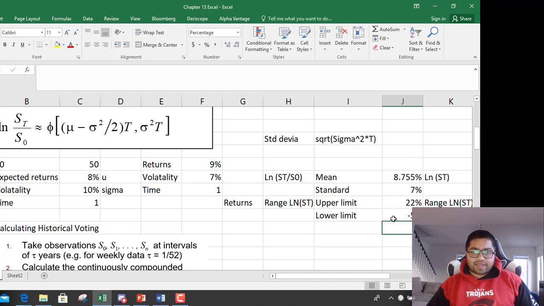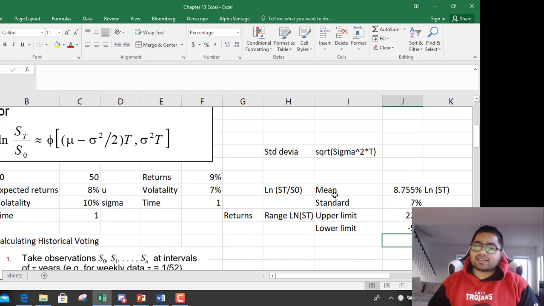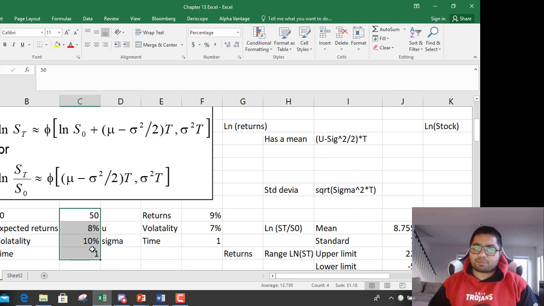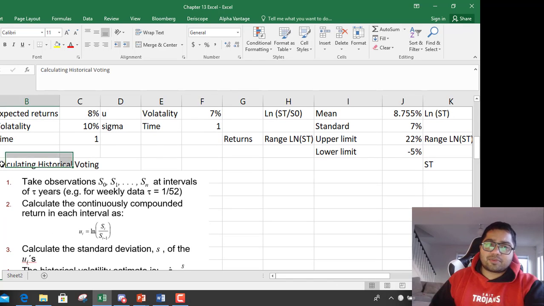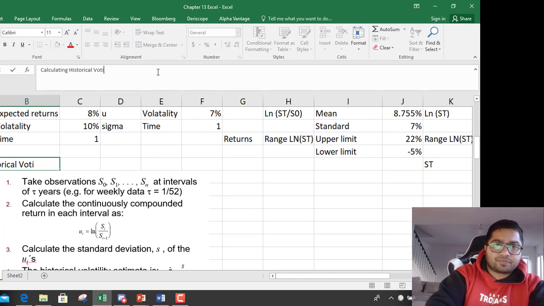So range is minus 5% to 7%. So this was the first part. If you know mean and standard deviation, whether it is stock price or stock return, you can find out range. Next is the concept of historical volatility.